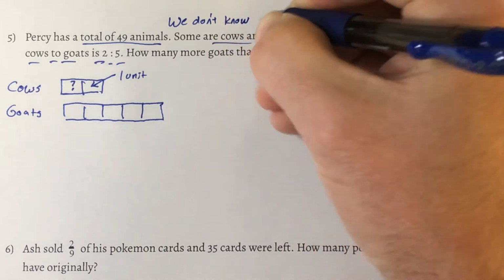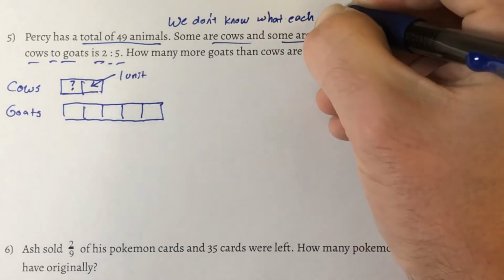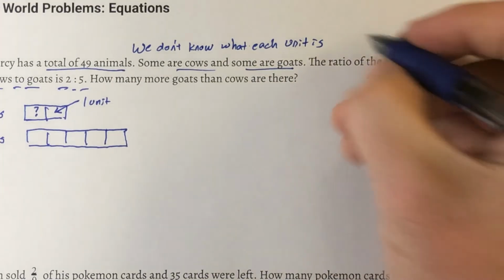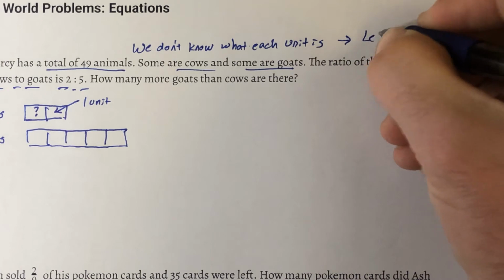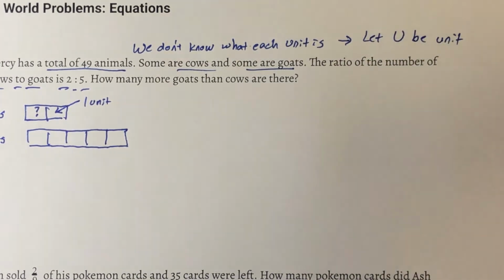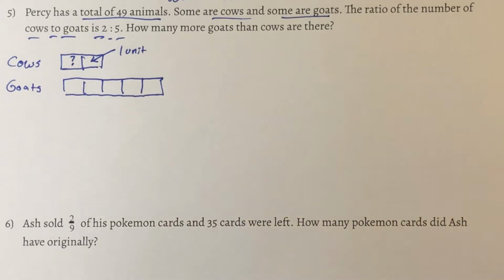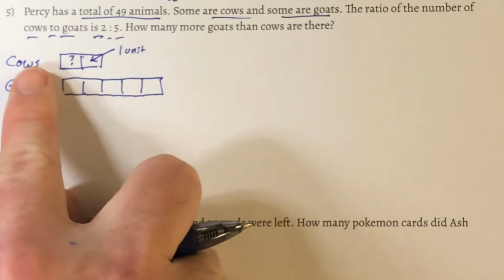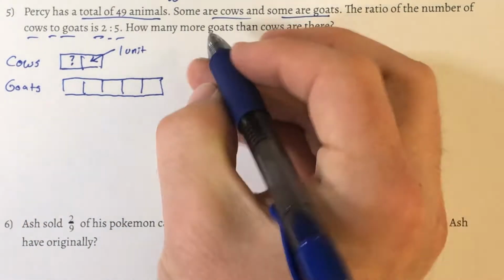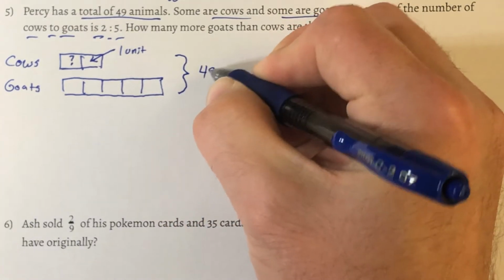So we don't know what each unit is. That's the thing we don't know. So we're going to let u be for unit. All right, let's finish our picture. So cows to goats, 2 units to 5 units. And I know there's a total of 49 animals.